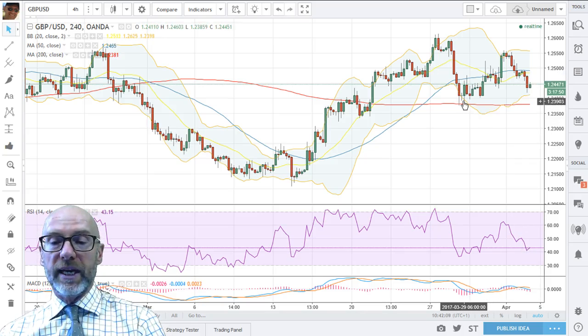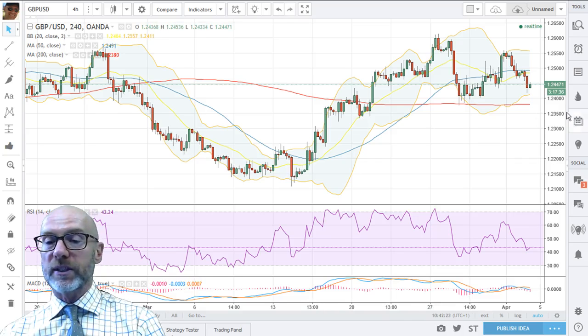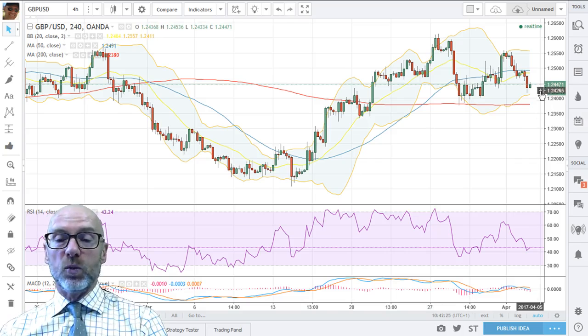The support seen here is at the 123.95 level, that's the support from the 29th of March. If that fails, there's a bit of support at 123.37, but then we're looking at the 121s. So you would hope that the support will hold.